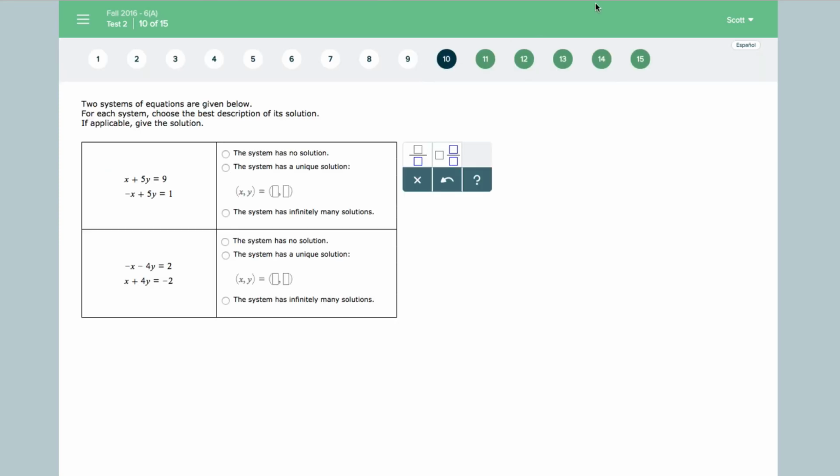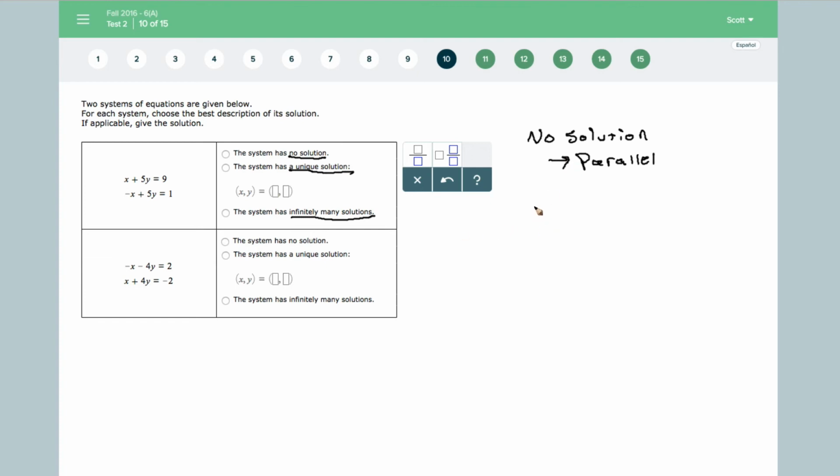Now number 10. Number 10 and I believe number 11 is the same. You're given two equations and you've got to ask, does it have no solutions, one solution, or infinite solutions? Basically, if it has no solution, then the two lines are parallel.